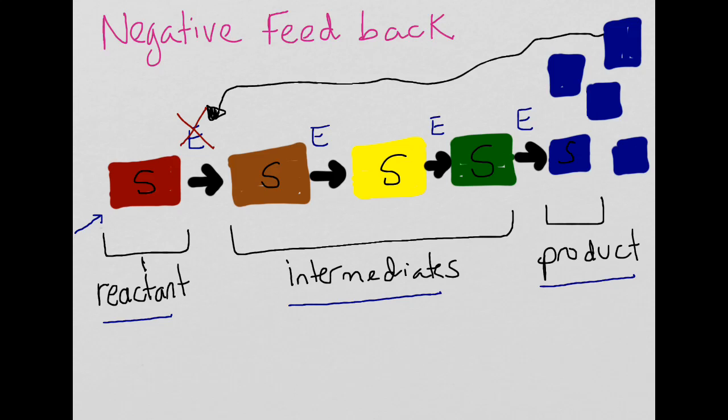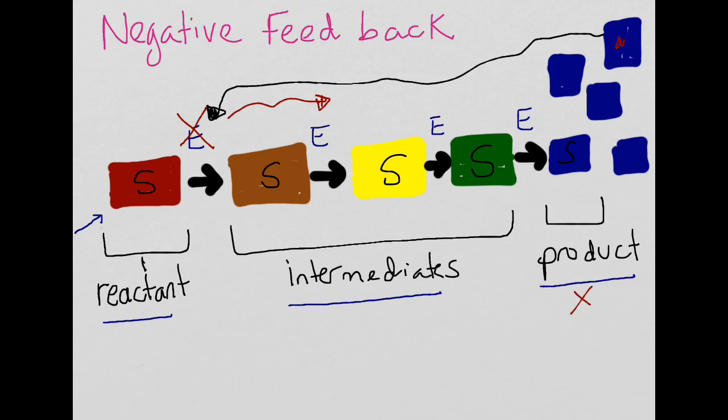Production stops. Right? So then maybe this product begins to get used for whatever its purpose is. Then this guy can diffuse away from the enzyme, and the pathway can continue on again. So we call it negative feedback because the product of the reaction feeds back and shuts down production.